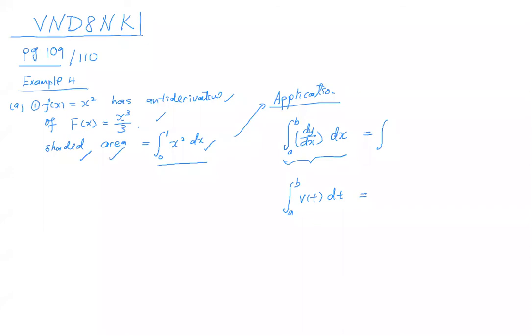So in this situation, we talk about the situational meaning. Someone has told me it is the total distance travelled from t equals a to t equals b.